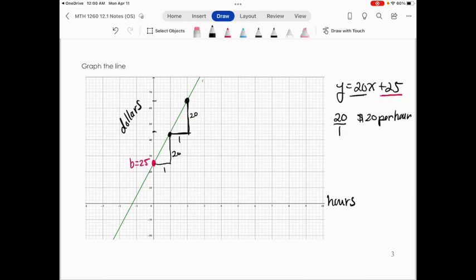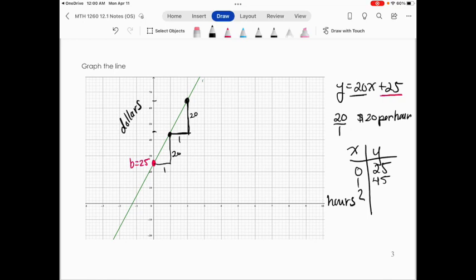Now, if I do this using x, y points, if I plug in 0 to find my corresponding value of y, 20 times 0 is 0, and when I add 25, that gives me 25. When I plug in 1, that's going to give me 20 times 1, which is 20, and 20 plus 25 is going to give me 45.